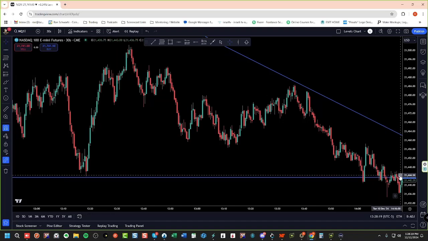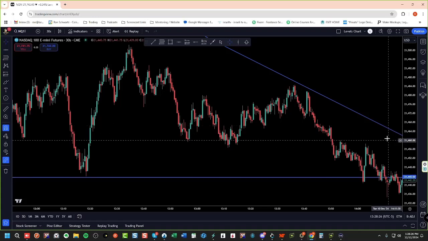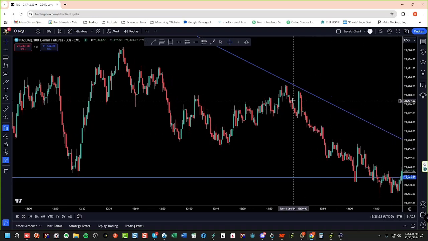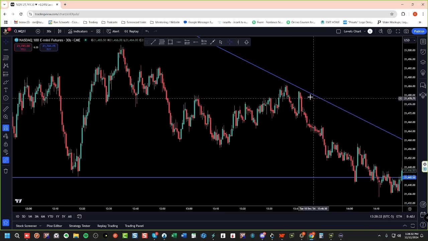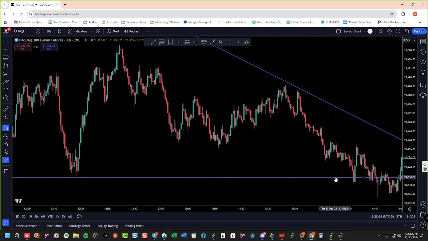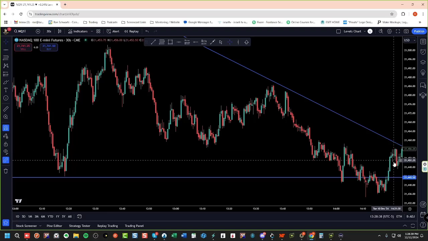Taking it short right here is too soon, because we have nothing to bounce off of. We still need it to come back and test this downward momentum, if we want to call it, so we can take it short.